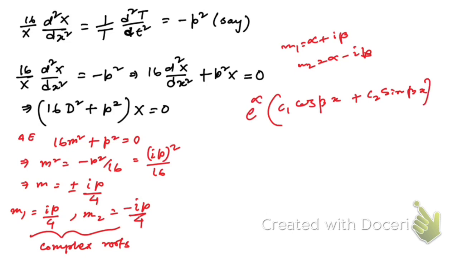Here alpha is 0; we are getting 0 plus ip by 4, and you can imagine that with 0 minus ip by 4. So here alpha is 0, so this term is going to be equal to 1.